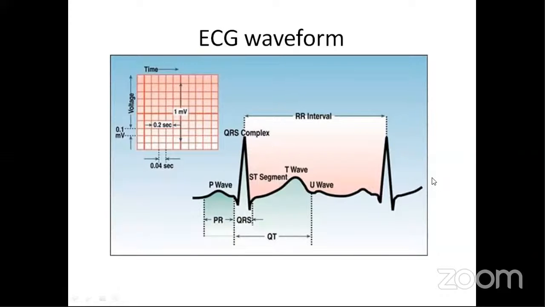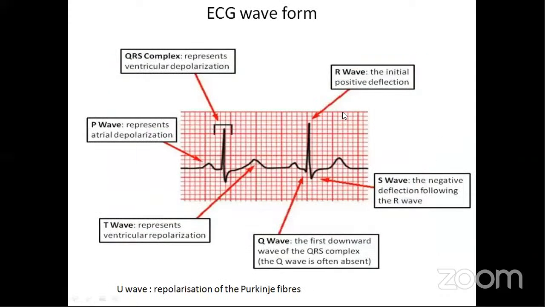Let me explain again how the ECG waveform is generated. The P wave represents atrial depolarization, the QRS represents ventricular depolarization, and the T wave represents ventricular repolarization. And the U wave is due to repolarization of the Purkinje fibers.